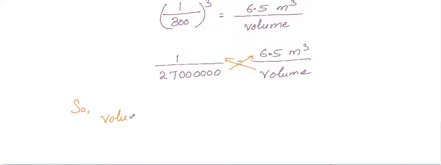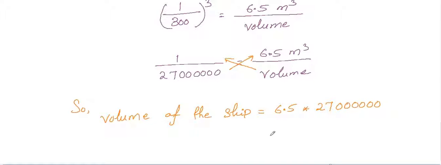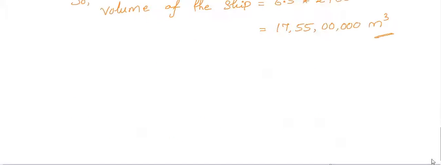So if we cross multiply, we'll get the volume of the ship equals 6.5 times 2 crores 70 lakhs. So if we multiply 6.5 and 2 crores 70 lakhs, we'll get 17 crores 55 lakhs. So this is the volume of the ship, and the unit is meter cube.